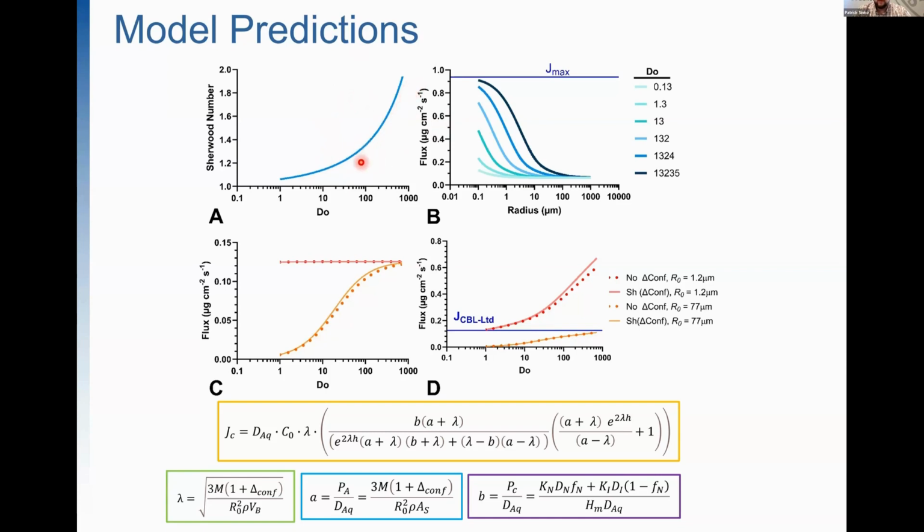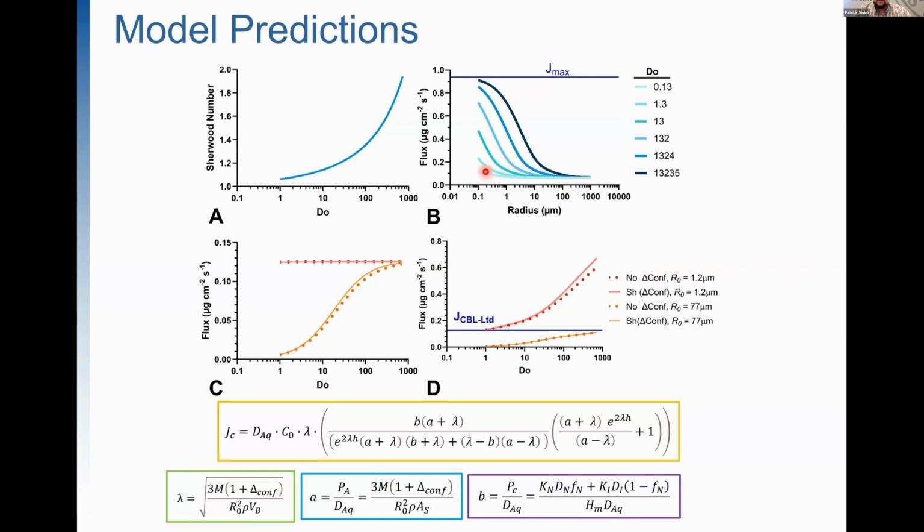We can talk about that more offline or in the questions session. The main thing I want to talk about in this slide is actually panel B, where we demonstrate the expected performance for ibuprofen as a function of the particle's radius. As we decrease the radius, we see the expected increase in flux that we see in the particle drift phenomenon.